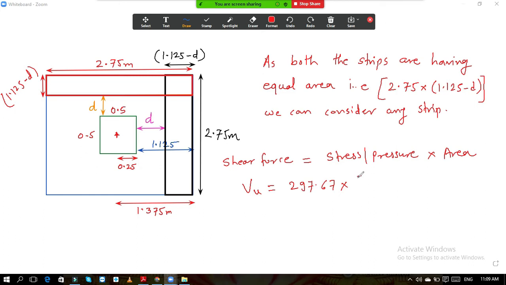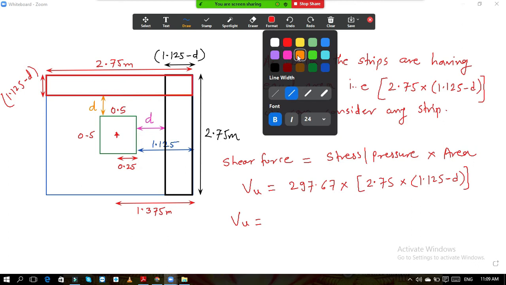What is the area of the strip? It is 2.75 into 1.125 minus d. This is the area of the strip. Okay, so again do the multiplication, so that we will get the shear force acting on the strip. So now we are calculating the shear force which is acting on the strip.